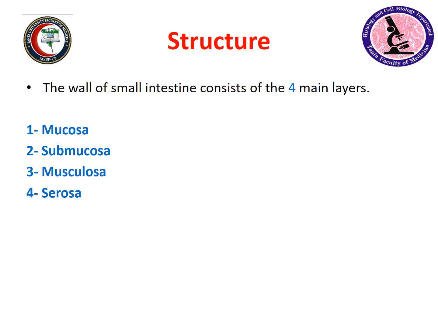The wall of small intestine consists of the usual 4 main layers, which are mucosa, submucosa, musculosa or muscularis externa, and serosa.